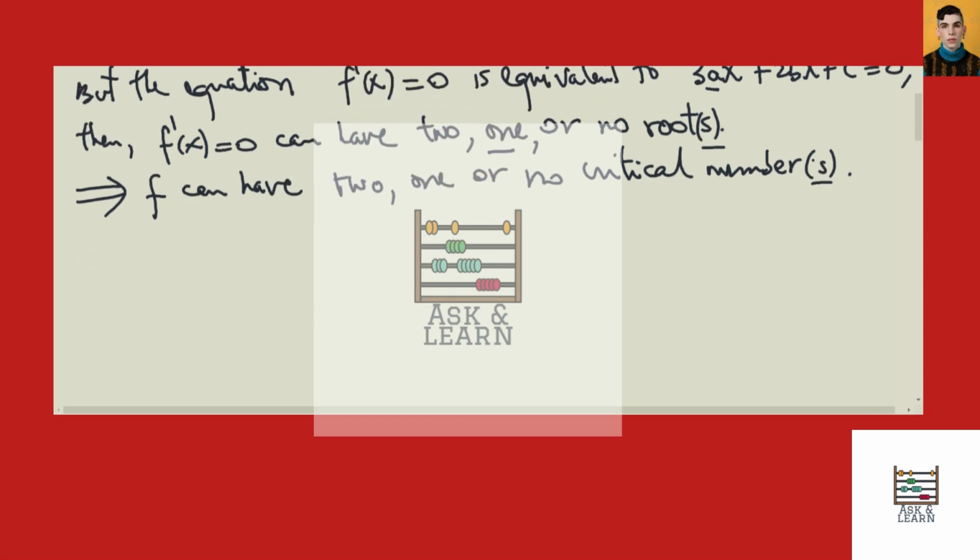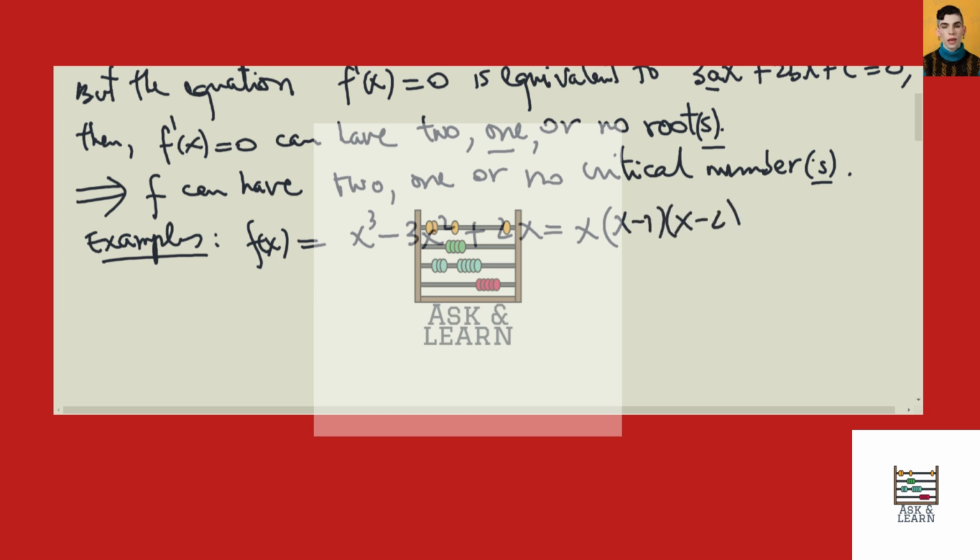So let's put some examples of that. I'm going to take first the function x cubed minus 3x squared plus 2x, which can be factored as x times x minus 1 times x minus 2. It can be verified easily that this is a factorization of this function.